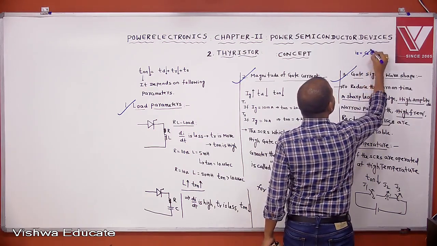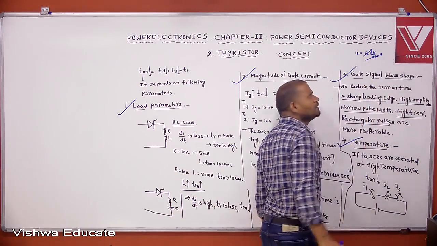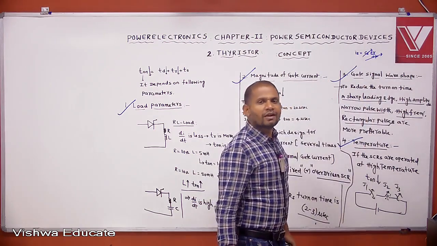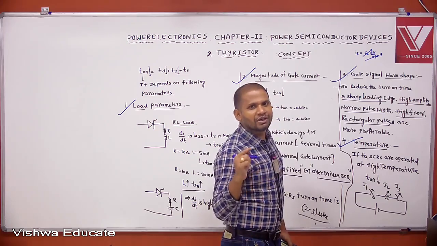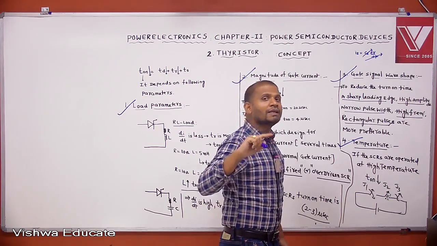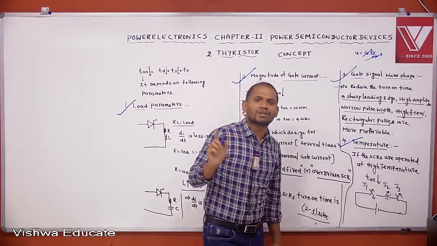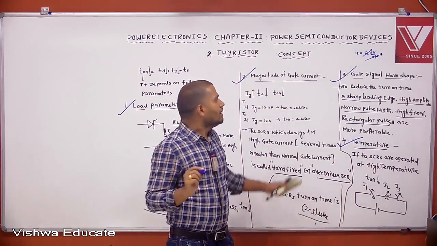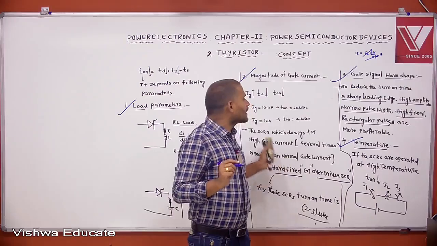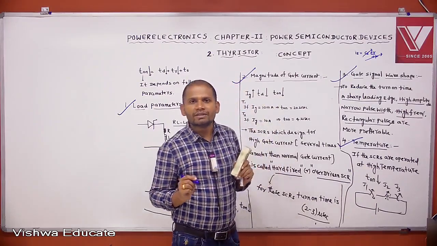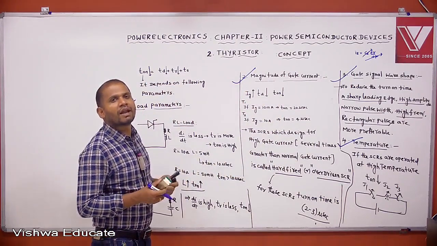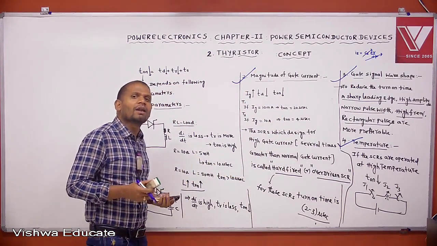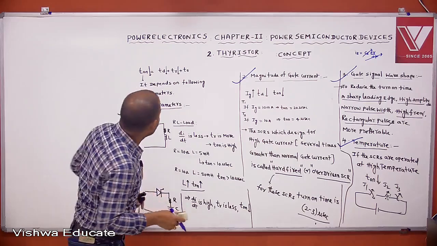If the capacitance changes, the time also changes. That's why it also depends on junction capacitance. That point I will give along with the turn off characteristics. Both turn on time and turn off time depend on the junction capacitance. This is how it depends on the various parameters. This is the concept of turn on characteristics, or turn on mechanism, of SCR.